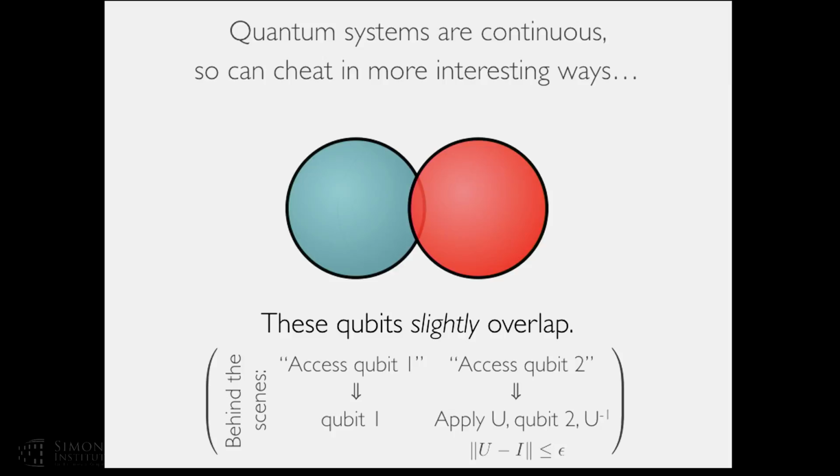When you tell the card to access qubit 1, it does that. But when you tell the card to access qubit 2, what it does is it changes basis. It applies a unitary that's close to the identity, but not quite. Then it accesses qubit 2, and then it undoes the change of basis. And so in this way, when you write to qubit 2, you're actually just slightly changing the state of qubit 1. So in this sense, the qubits overlap, which I'll just draw pictorially like this.